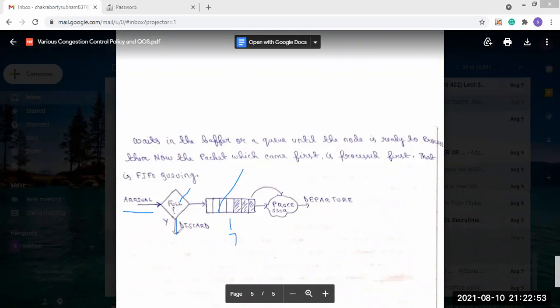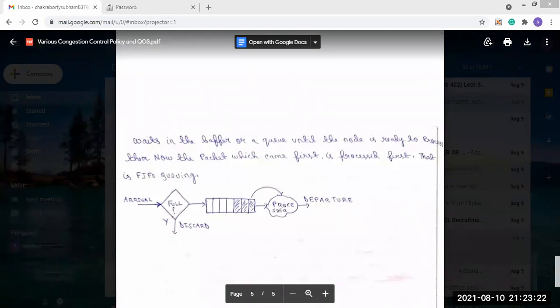But if the queue is not full, then the packets will be added into the queue one by one. After that, the processor takes the packet that came first.